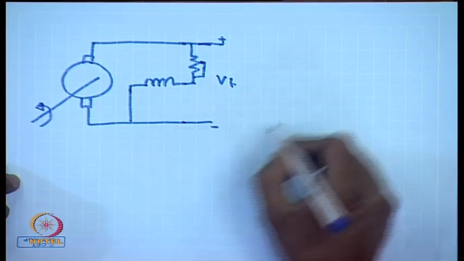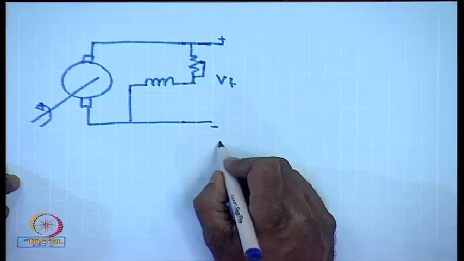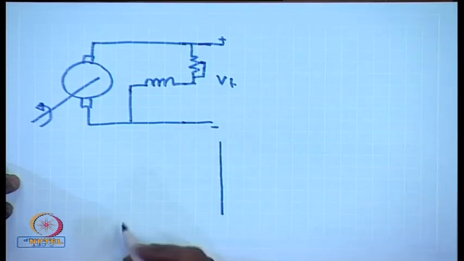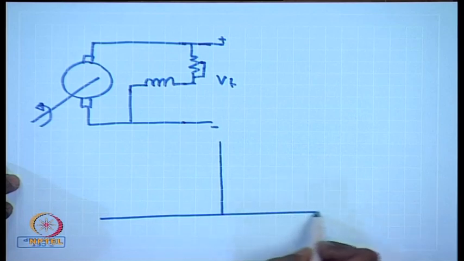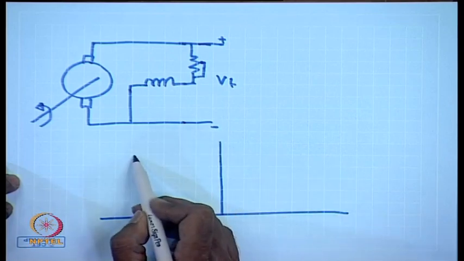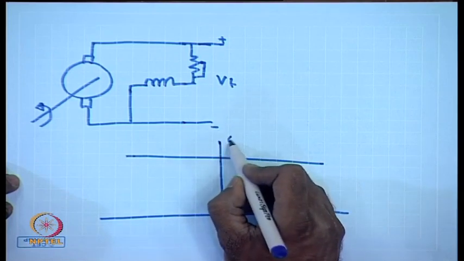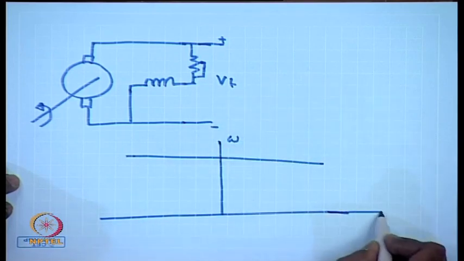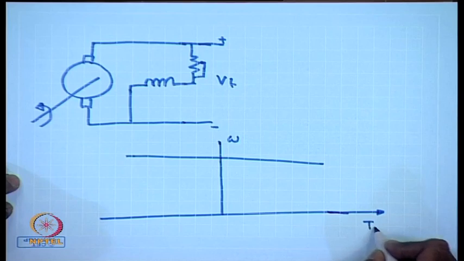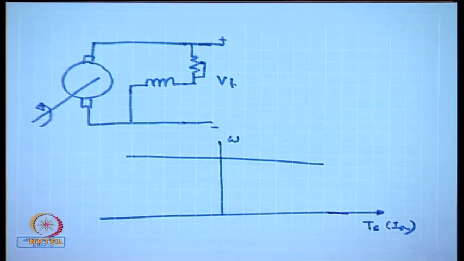The torque speed characteristics of this DC motor looks like this. This is omega, this is T_e, and to some scale also I_a. Now, at start omega is equal to 0.